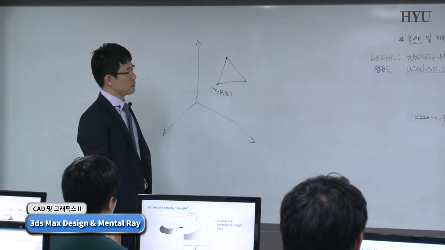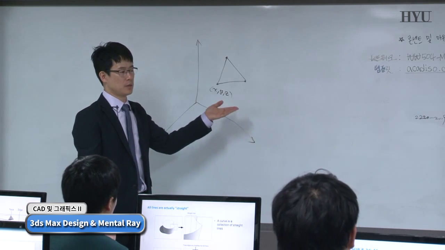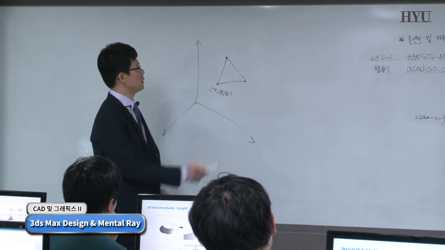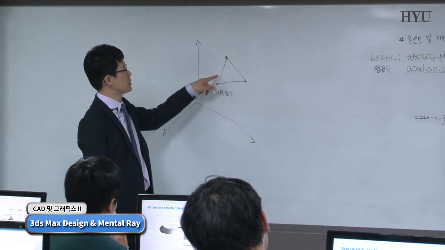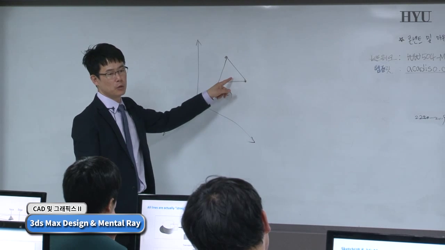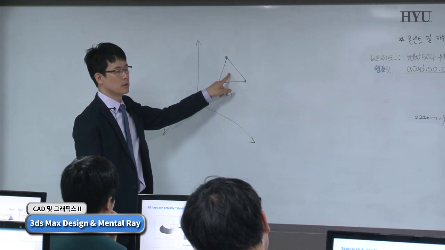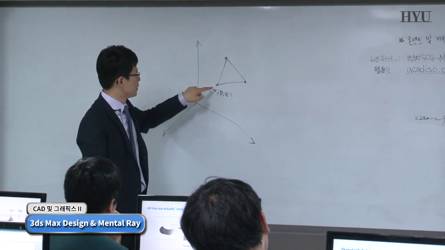So the subcomponent of surface-based 3D, the most fundamental component is something like this, okay? Three vertices based one polygon or one segment, one mesh, whatever it is. This is one single component in 2D, okay?